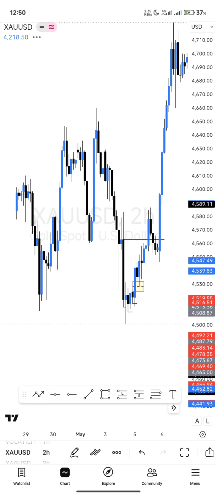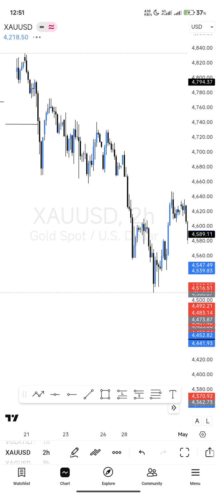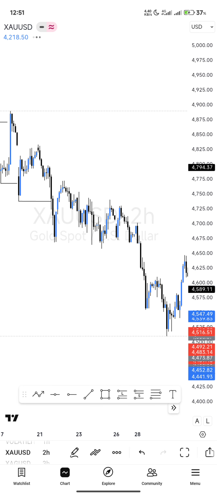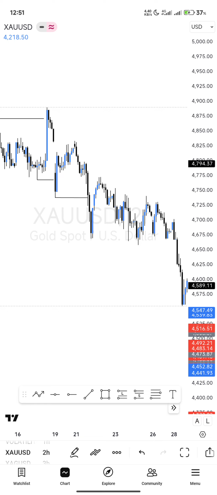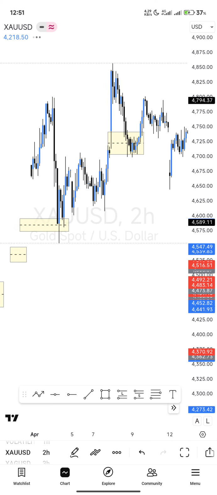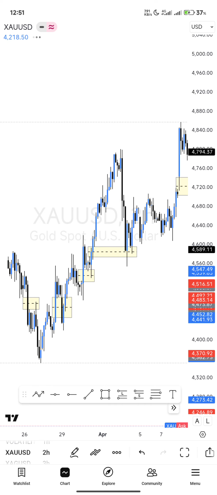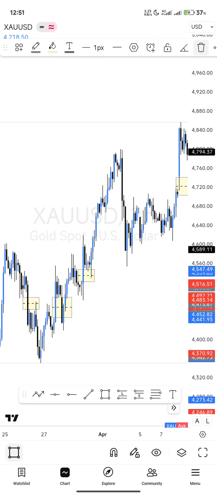Now let's look at another practical example of order blocks. Okay, so this is an example of an order block. Let me take this out.